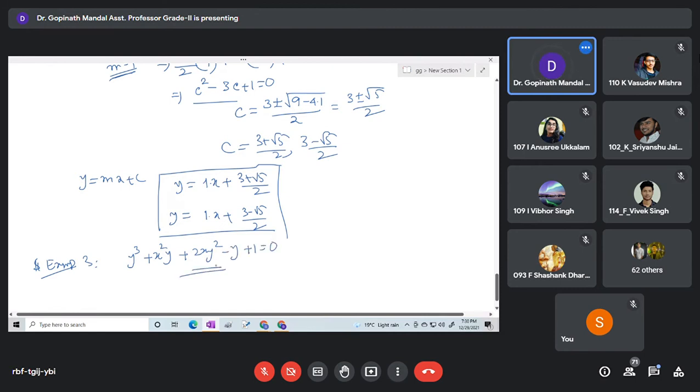Fine, do it. Is there any asymptote parallel to the x-axis?